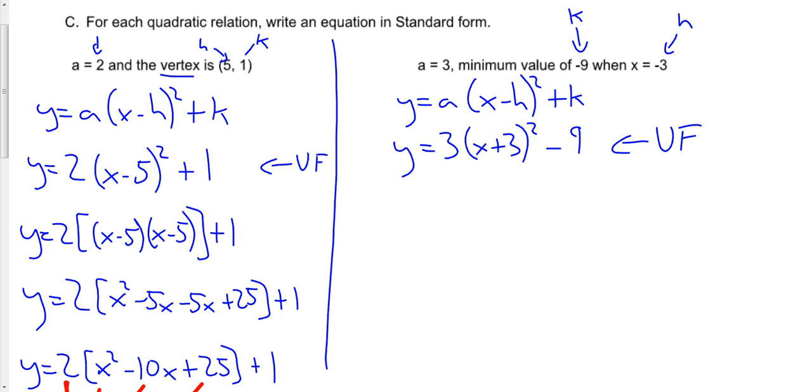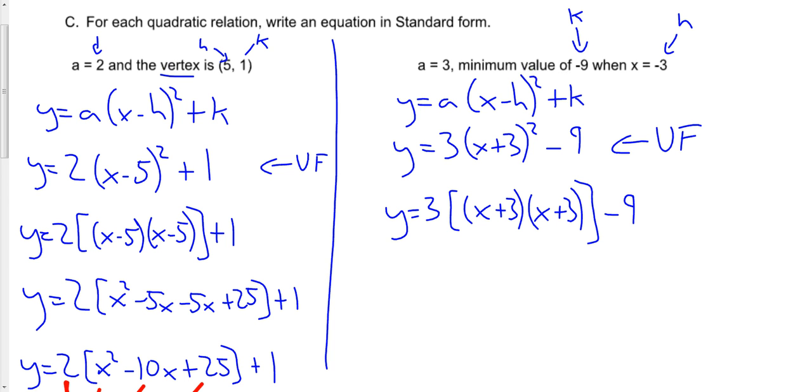So I'm going to end up with y is equal to 3 times (x plus 3) times (x plus 3). I'm just expanding that piece out. And then negative 9. We're going to keep bringing that negative 9 down until we finish using it. So I'm going to expand out my two binomials here. Y is equal to 3 times, x times x is x squared.